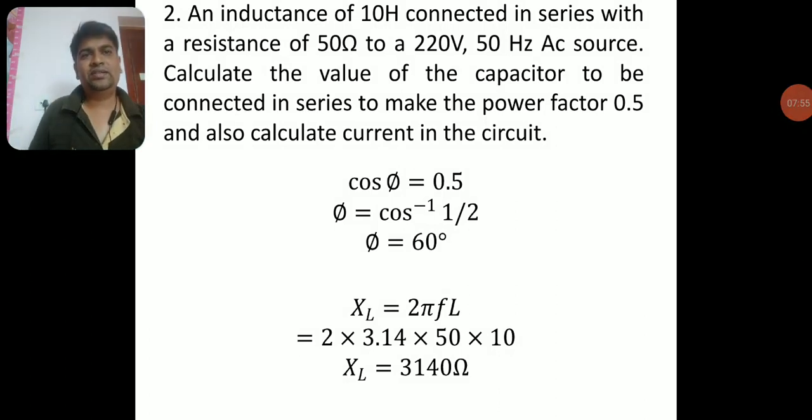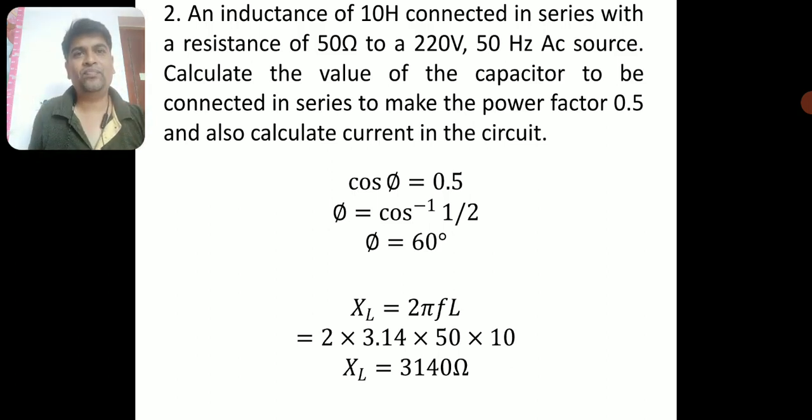An inductance of 10 Henry is connected in series with a resistance of 50 ohm to a 220 volts 50 Hertz AC source. Calculate the value of the capacitor to be connected in series to make the power factor 0.5, and also calculate the current in the circuit.